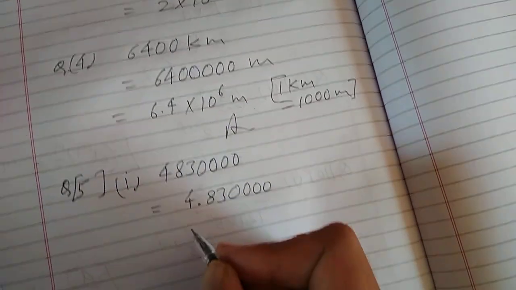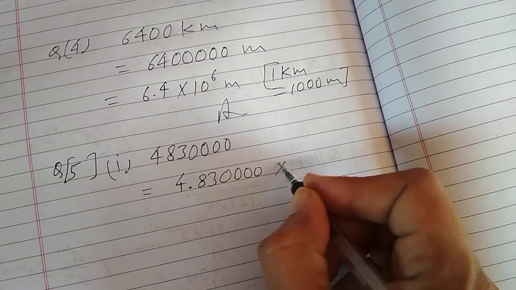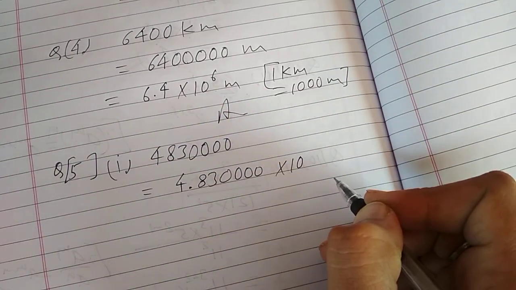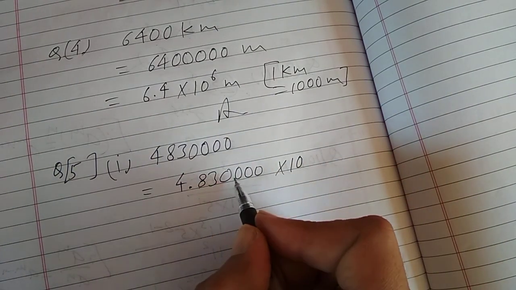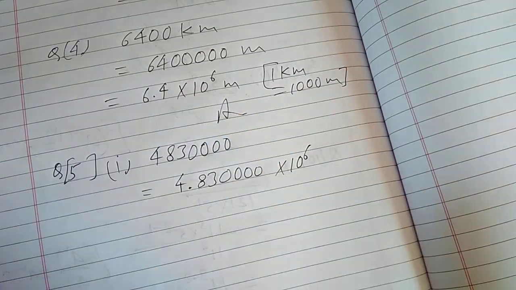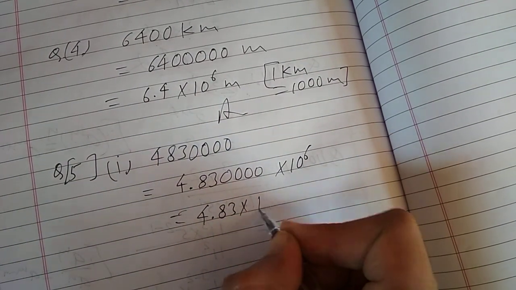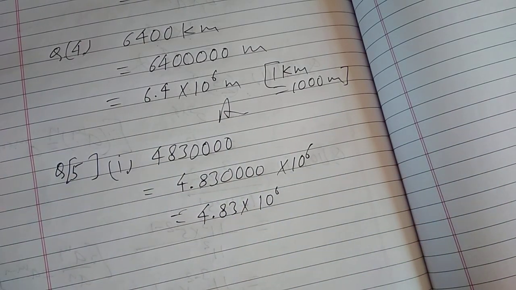Now it will be equal to 4.83 multiplied by 10 raised to the power 1, 2, 3, 4, 5, 6. Now it can be written as 4.83 multiplied by 10 raised to the power 6.